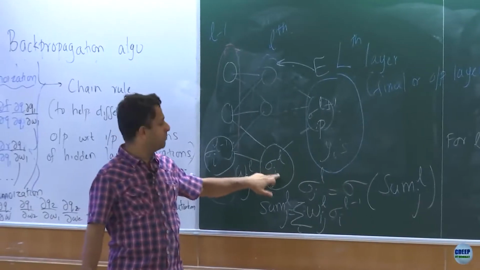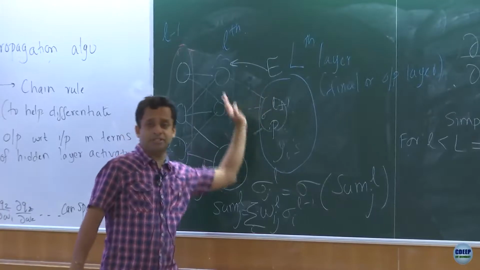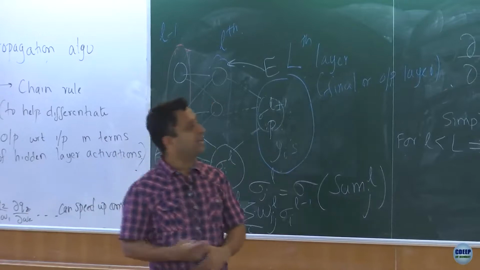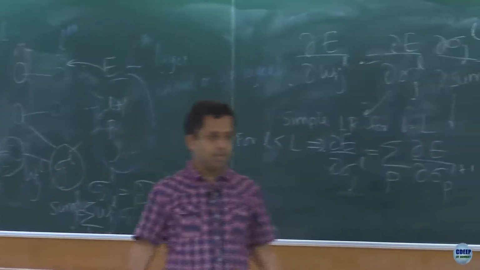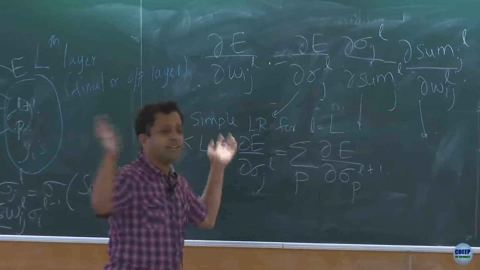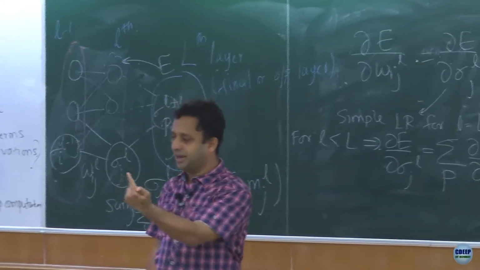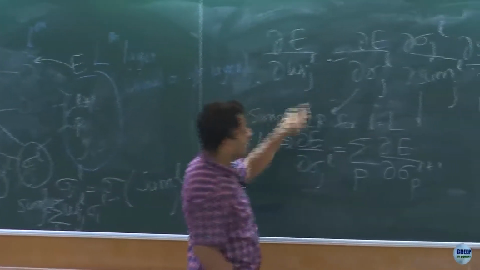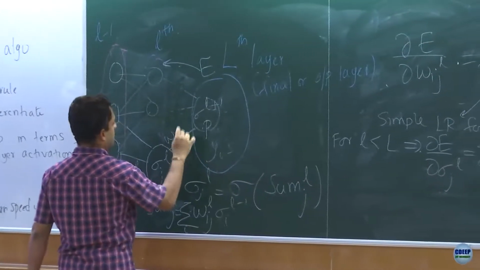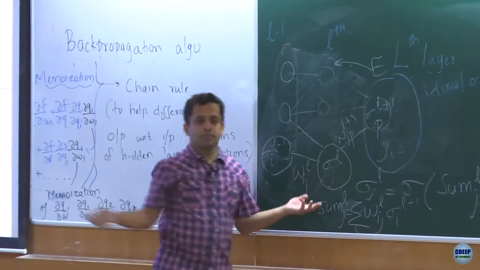So partial derivative of E with respect to this activation will depend on partial derivative of E with respect to the activations in this layer, the following layer into which it feeds, multiplied by the weight. Right, all the other weights are constant. I mean constant in the sense you are only differentiating with respect to one weight at a time, right. So it's exactly Wij. So all the weights connecting the Wj P L plus 1, these are fixed.